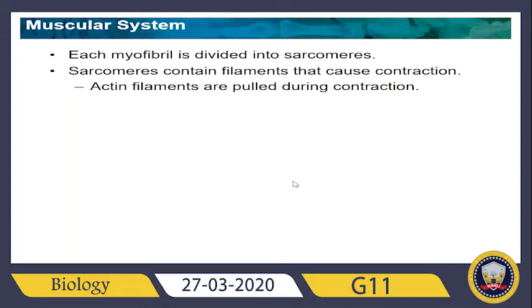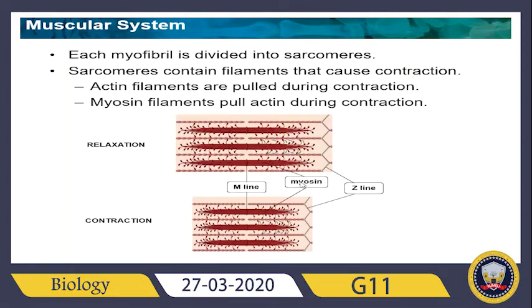This is the myosin, and this is actin. You see this small long thing, this is actin, and this dark red is myosin. Actin, myosin, with the Z line and the M line, they compose sarcomeres.